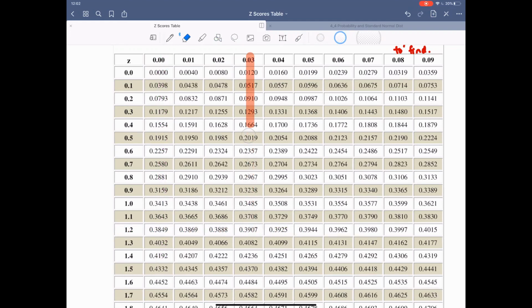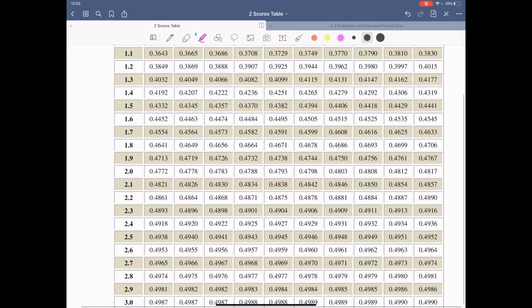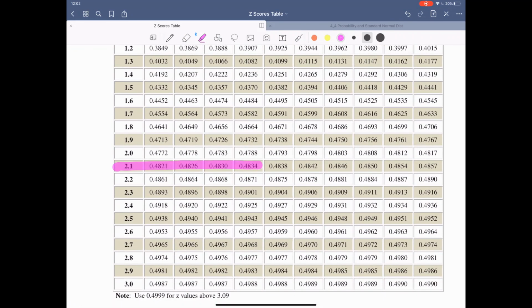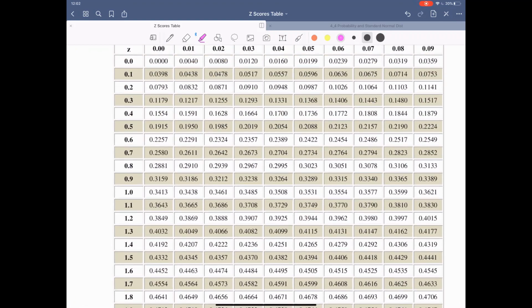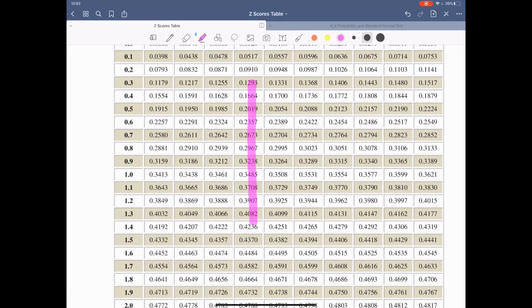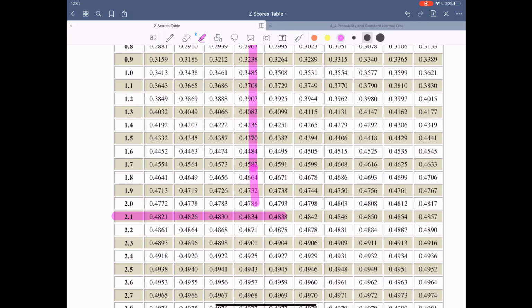So I want 2.13. And when we do that, we go to 2.1. And then the second decimal place at the top, we want 0.3, which is this one here. And so you get 0.4834.